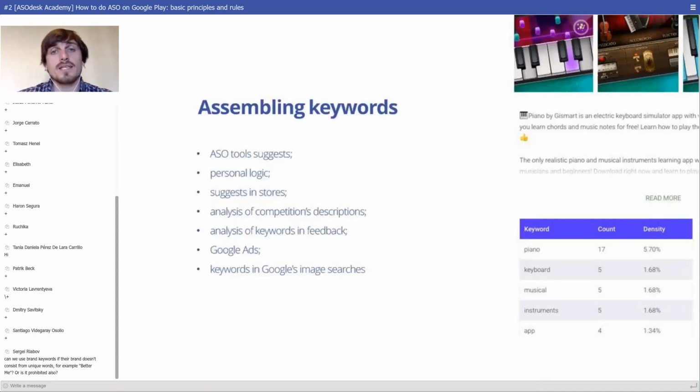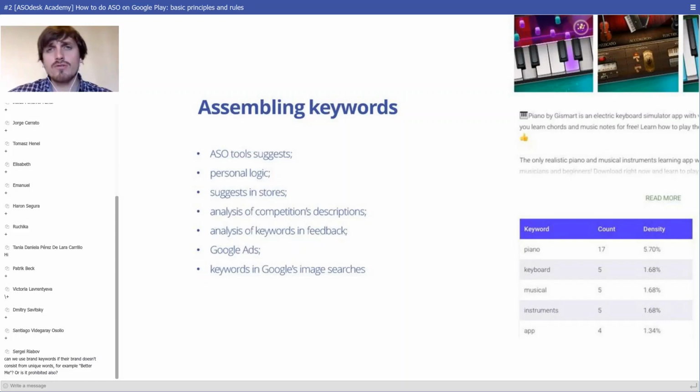So, assembling keywords, guys. The steps for assembling keywords for the App Store, for an iOS app, and for an Android app are basically the same. As you saw in the previous lecture, there is a huge help from ASO tools. ASO tools help us with automated search engines.